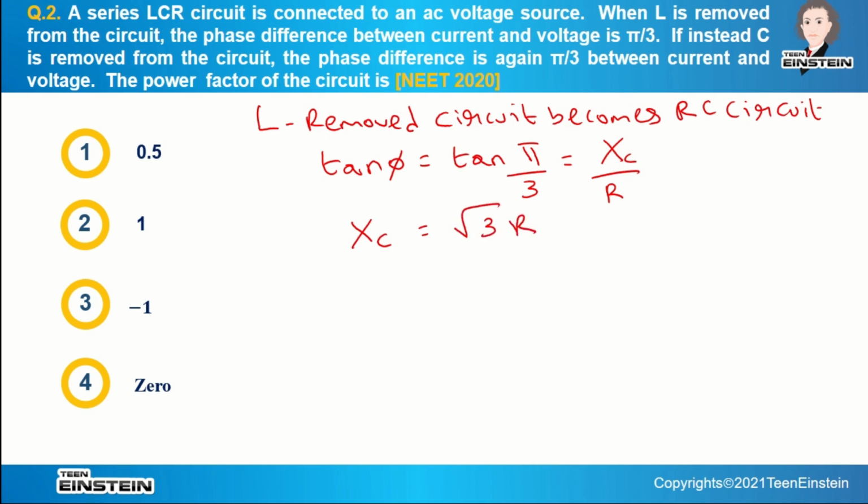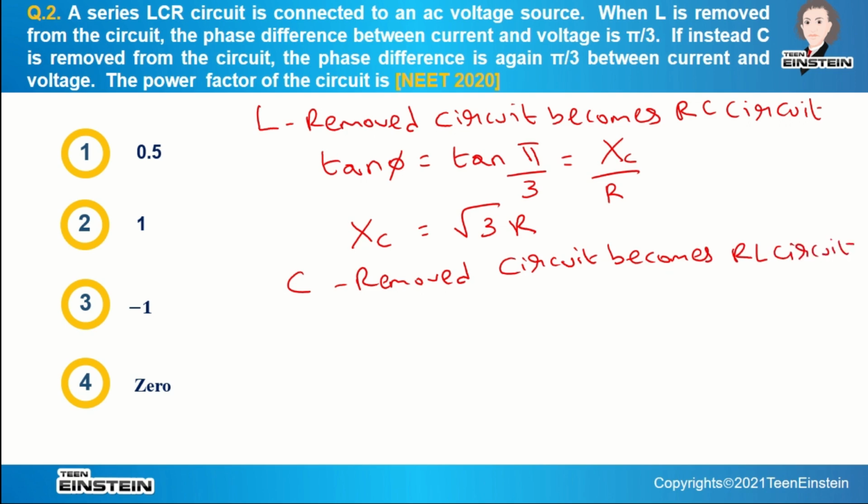Okay, now you are trying to remove the C, so second condition, C is removed, so your circuit becomes an RL circuit.